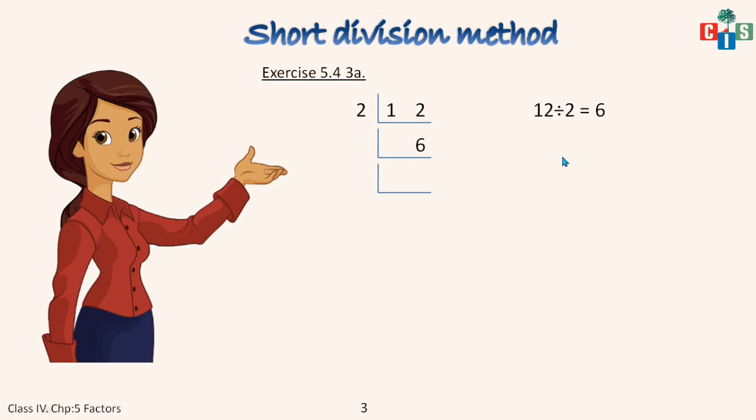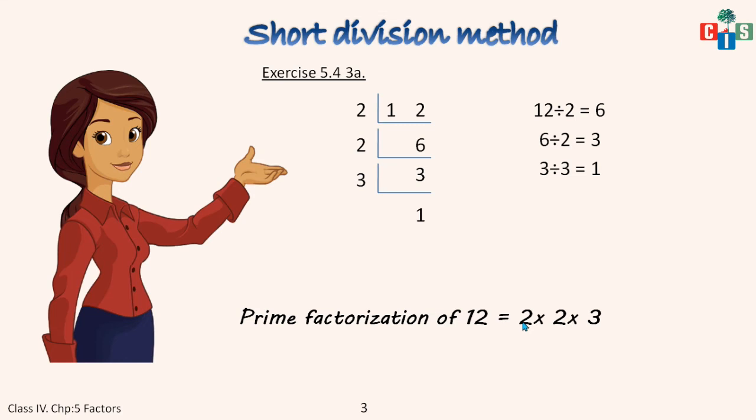Then 6 is divided by 2, the smallest prime number, and I get 3. Then 3 will be divided by 3 and I'll get the answer 1. So this 3 I'll write outside and 1 below 3. So the prime factorization of 12 will be 2 multiplied by 2 multiplied by 3.